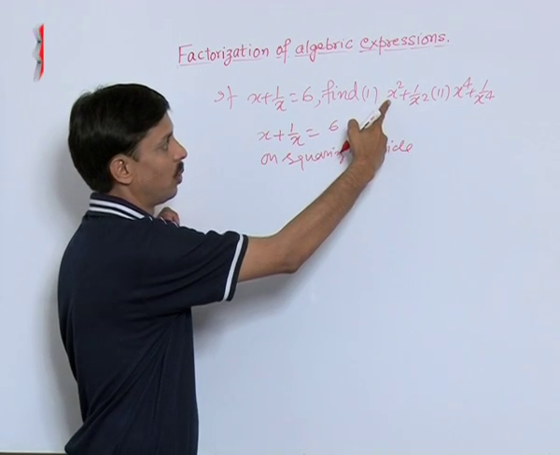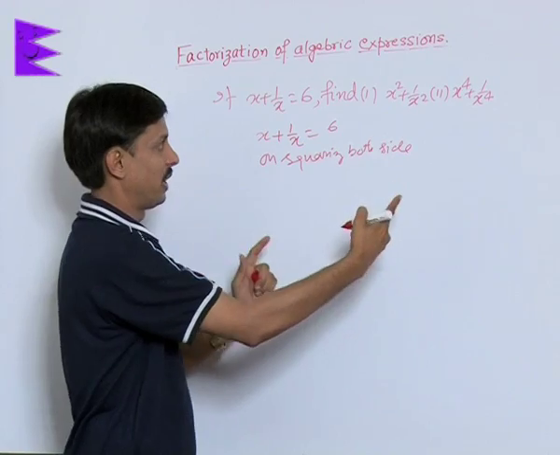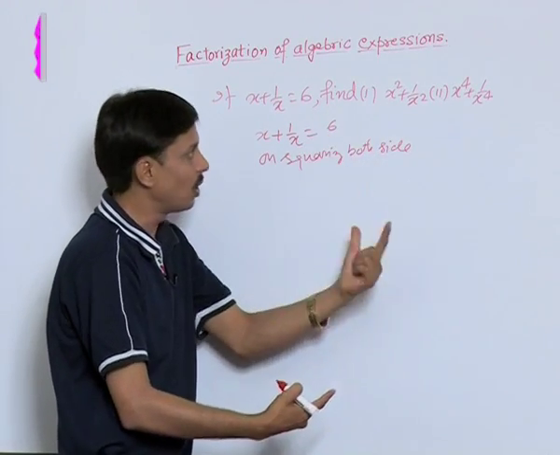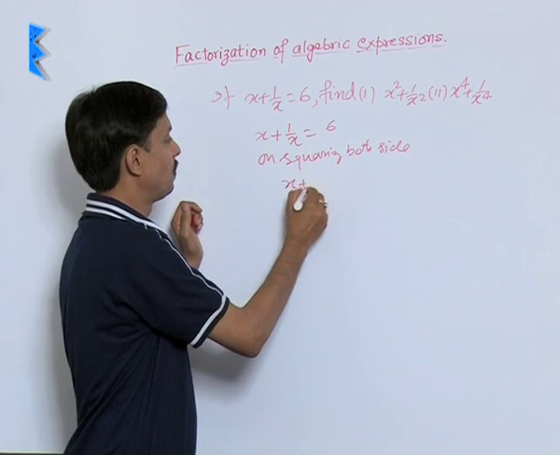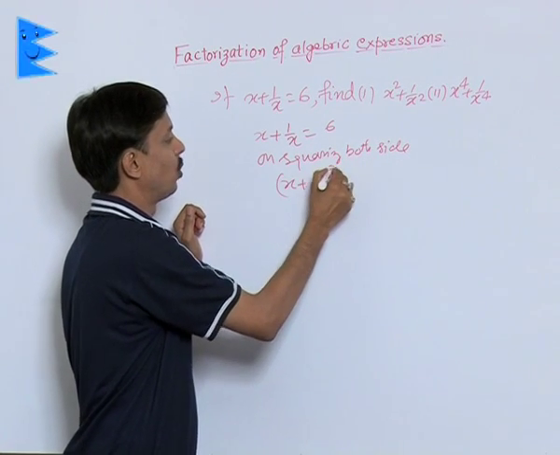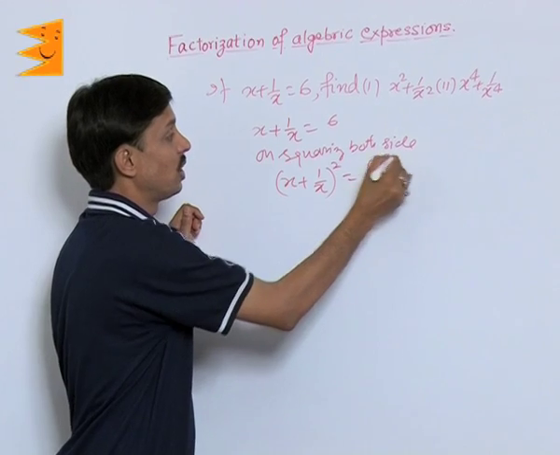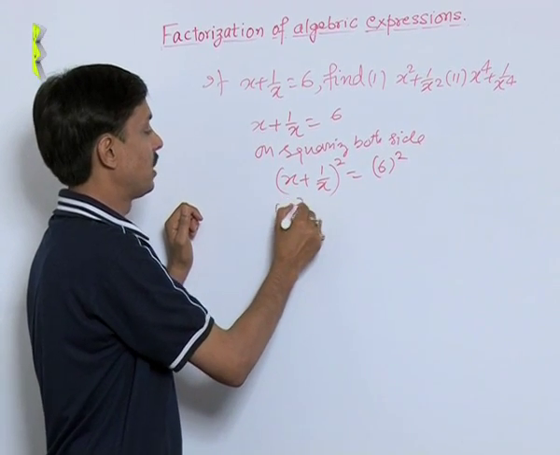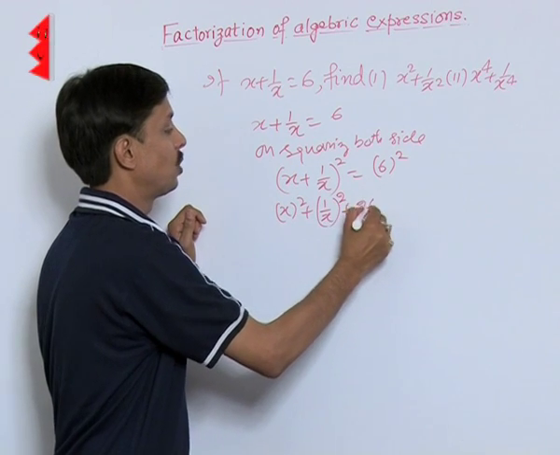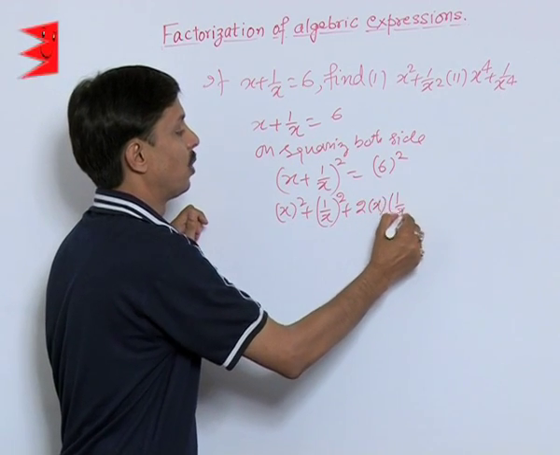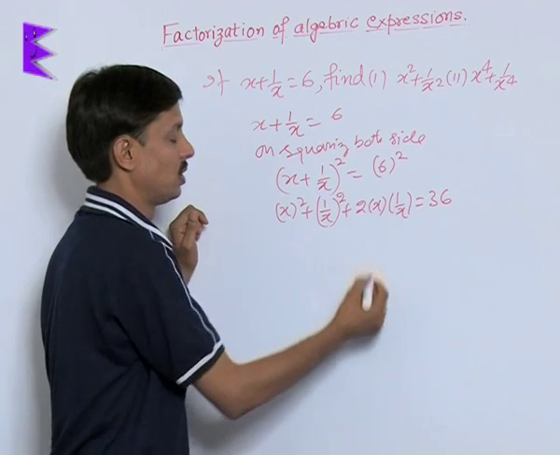Because I need to calculate the value of x square plus 1 upon x square, and that can be obtained only by squaring this relation. So this will become x plus 1 upon x whole square is equal to 6 square. This becomes x square plus 1 upon x square plus 2 into x into 1 upon x is equal to 36.